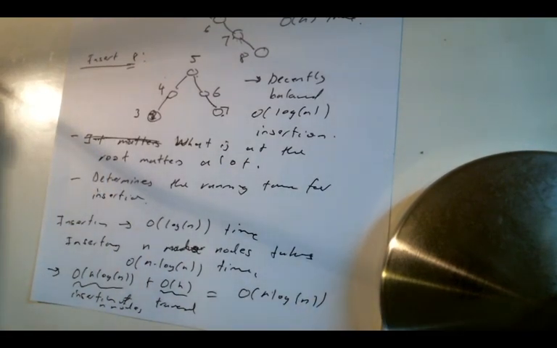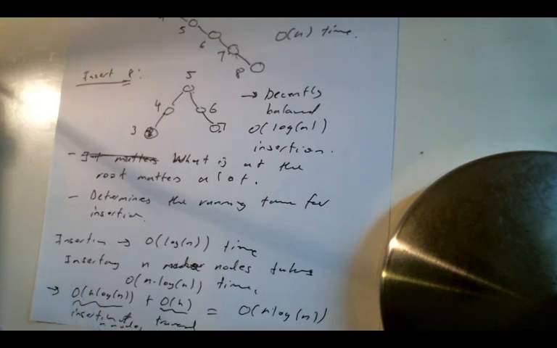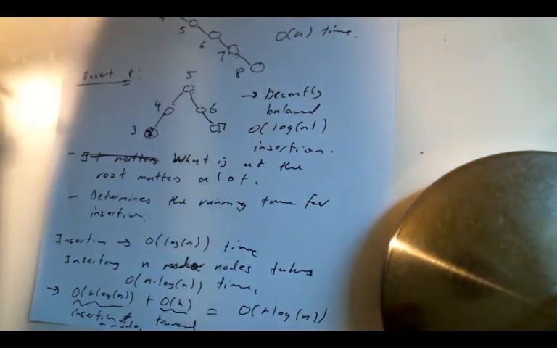So the alternate version of merge sort takes exactly the same time as the regular version of merge sort, as long as the tree is decently balanced. So the million-dollar question is, how do we keep the tree balanced?